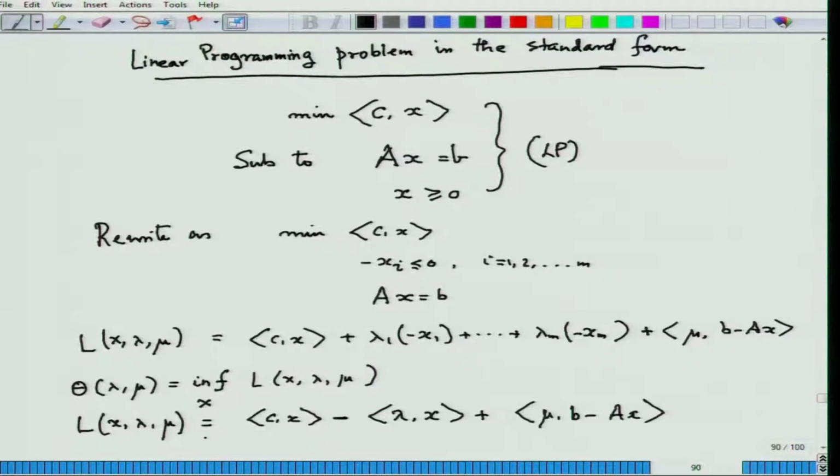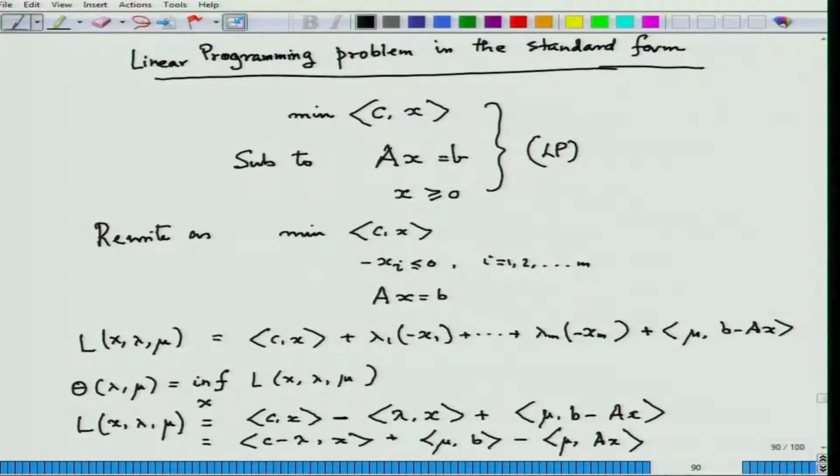So, I can write this as (c minus lambda) into x plus mu b minus mu times A x.